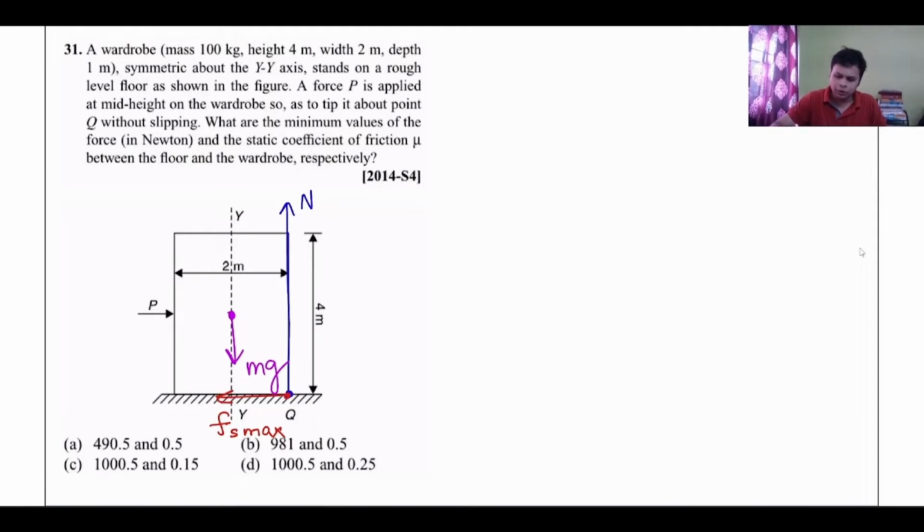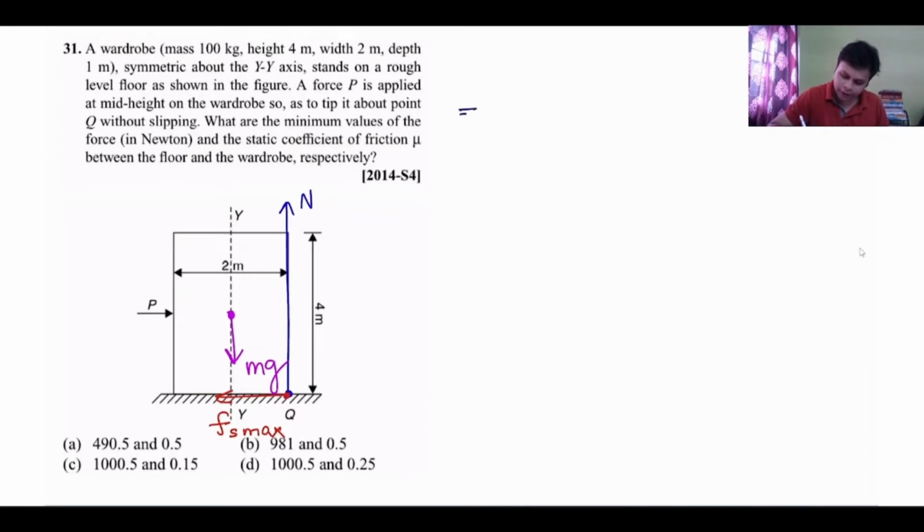Now if you want to find the force P, you just need to do one thing. It is about to tip off, but it has not tipped off yet, because we are finding the answer at a limiting condition. Till now it is in equilibrium. So summation of moment about point Q equals 0. If you take moment about point Q, the normal reaction and the friction force get cancelled out.